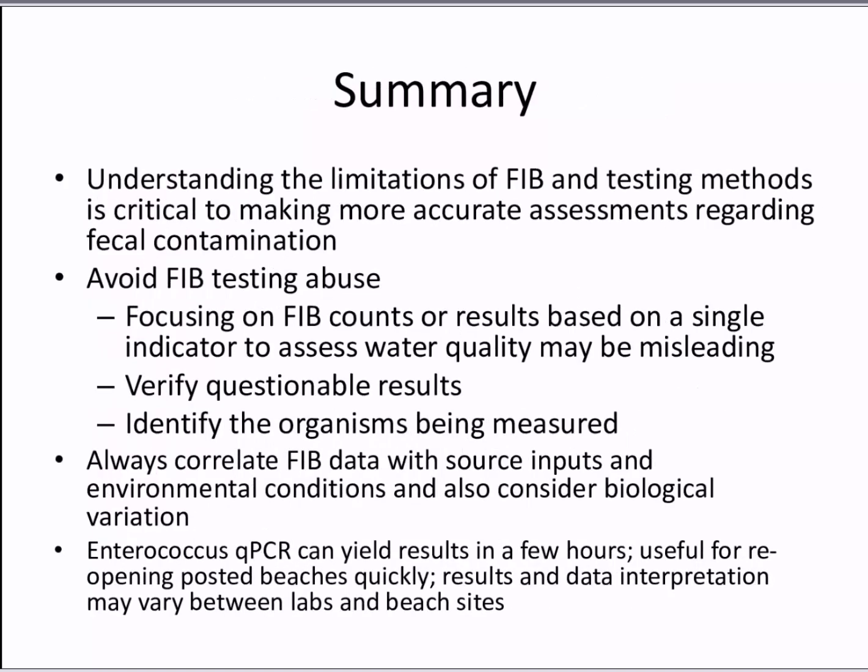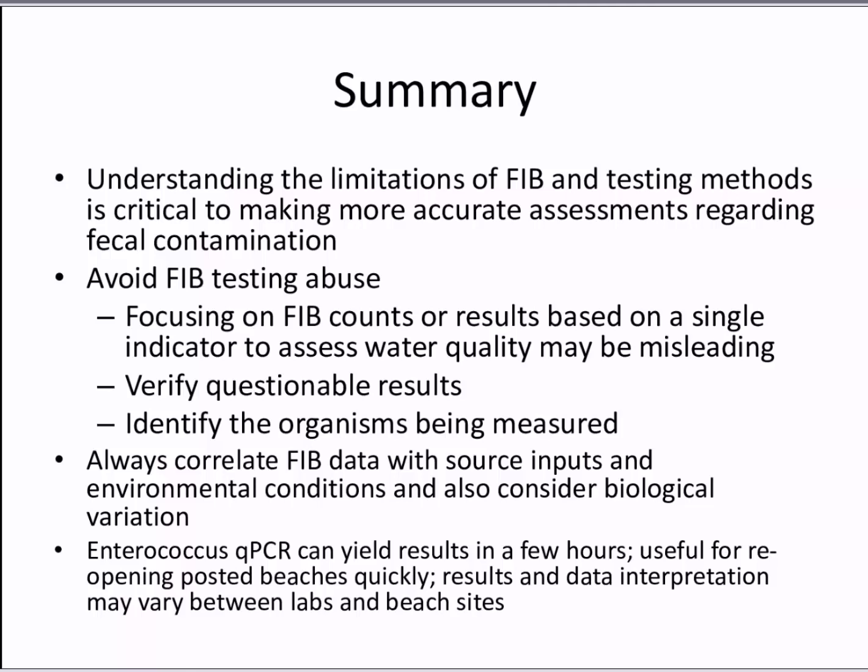So in summary, understanding the limitations of FIB and test methods is critical to making more accurate assessments regarding fecal contamination. Avoid FIB testing abuse. I love that. Test abuse.